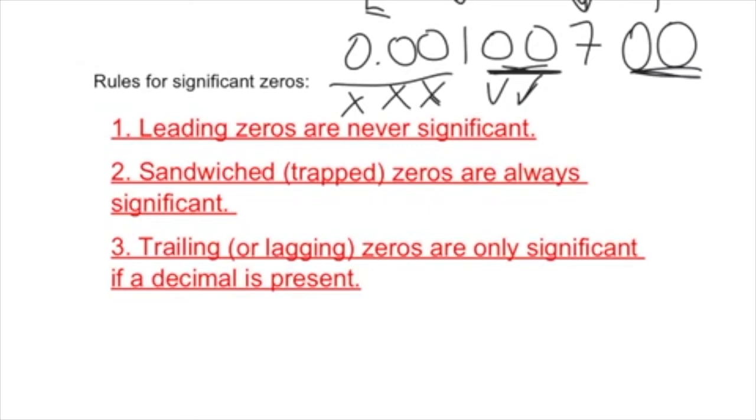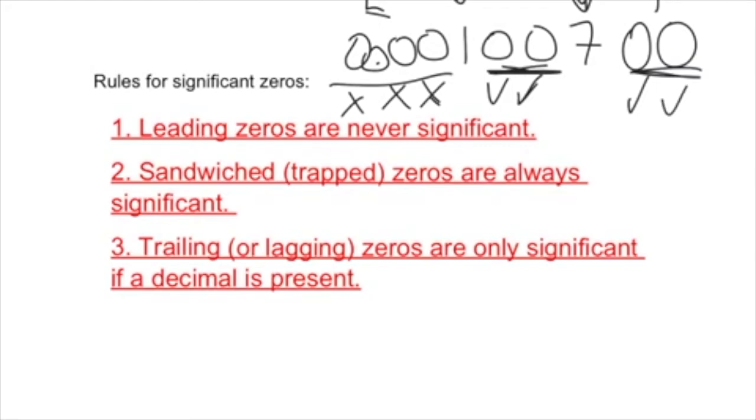So 7 is the last non-zero. Anything that comes after that is considered a trailing zero, and they count if there is a decimal. So using this example, I have a decimal way up here. It doesn't matter where the decimal is. If you have a decimal, a trailing zero or trailing zeros count. Whether there's 1 or 1,000 of them, they count. So in this example here, those guys would count.